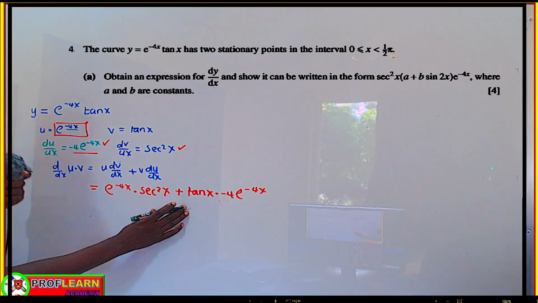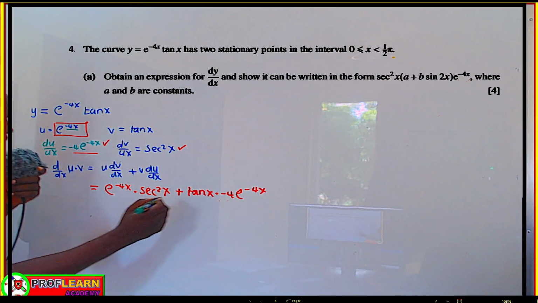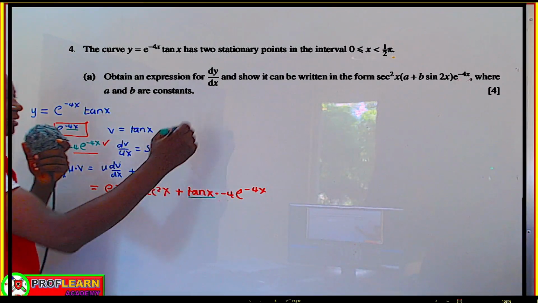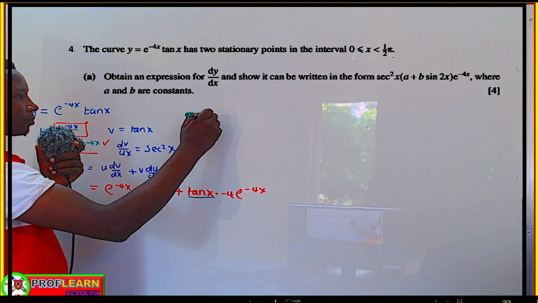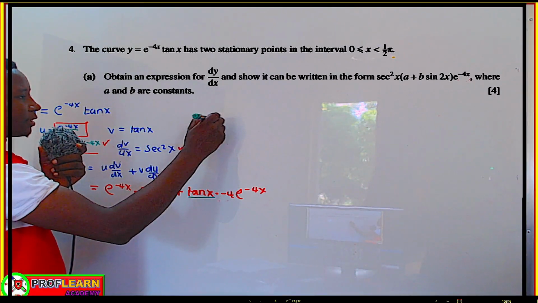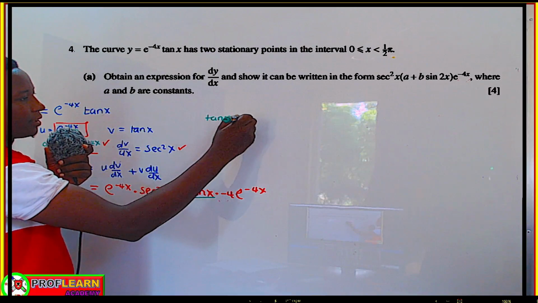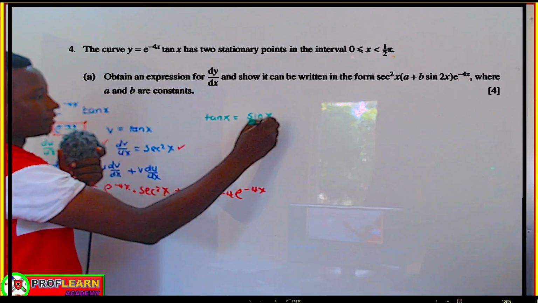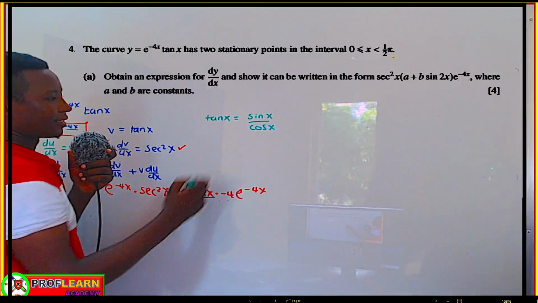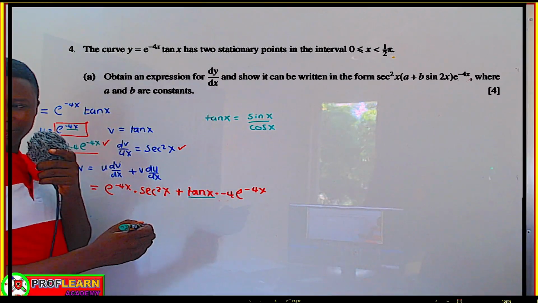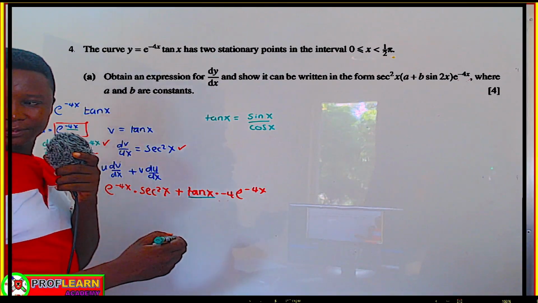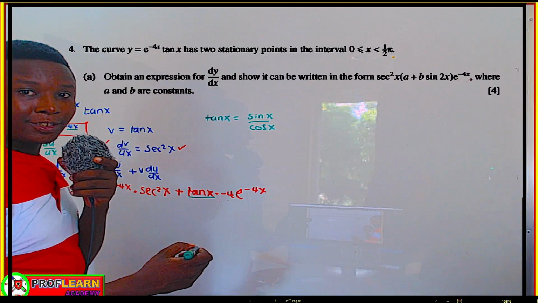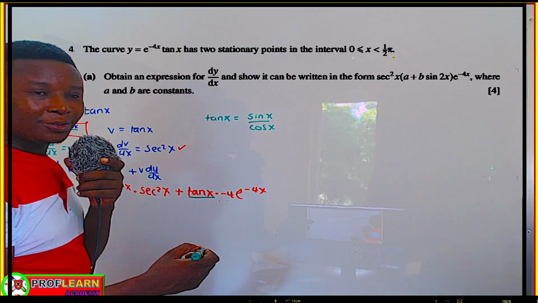Okay, before I factor out, I need to appreciate the fact that tan x can be written as sine x over cos x, but I'm targeting to have sine 2x.